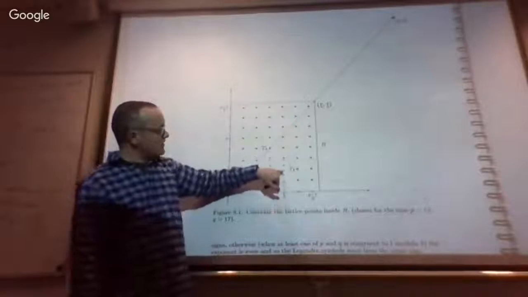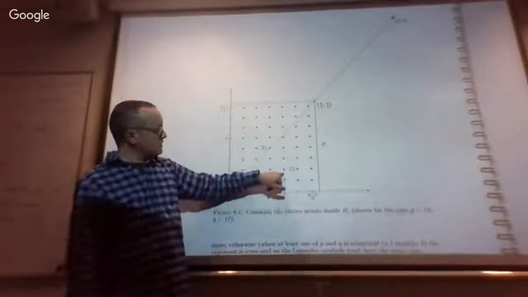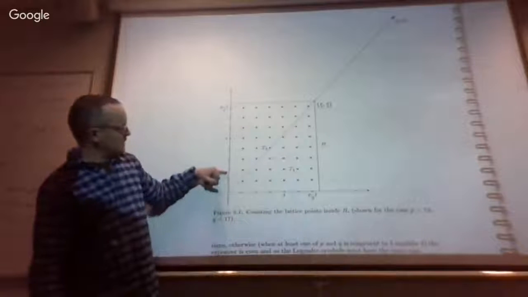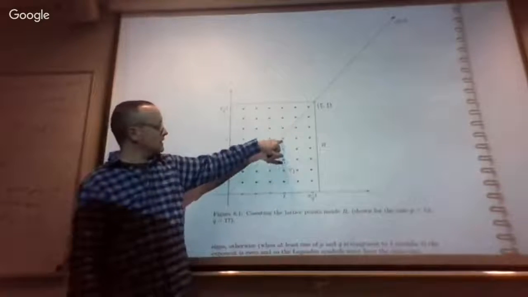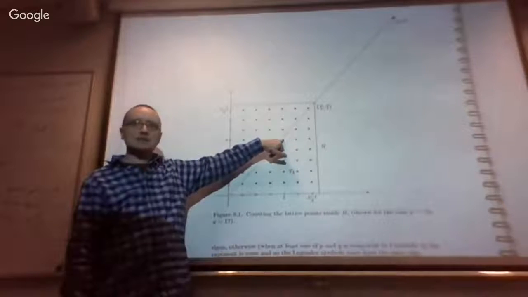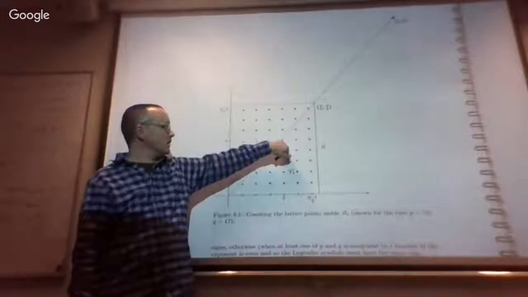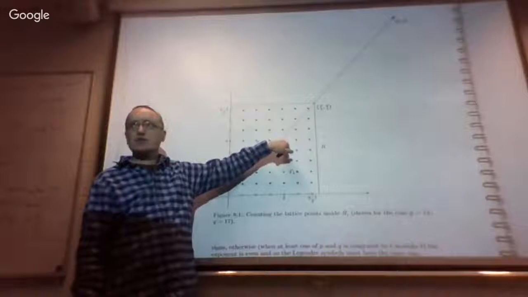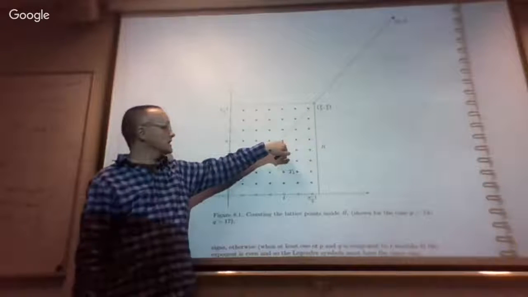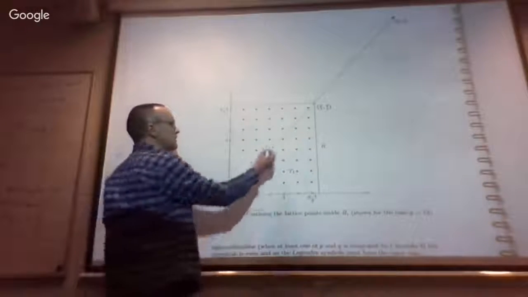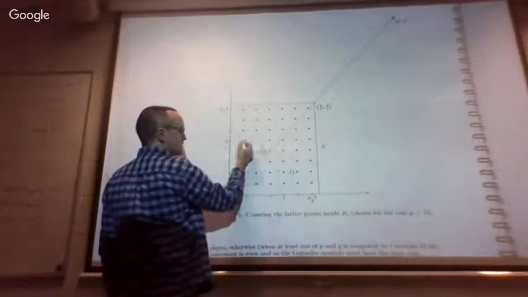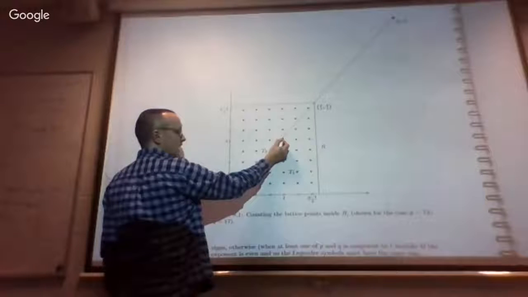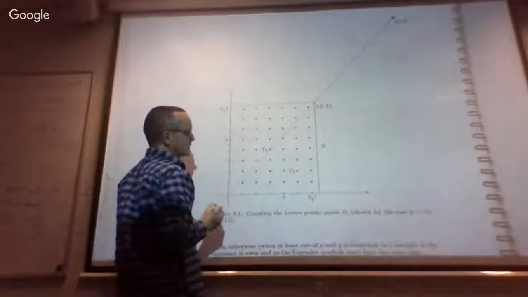So how many points are in this column? Well, there's 1, 2, 3. All the time you're counting up along the vertical axis, 1, 2, 3, all the way up until you get to this last one. By definition, the y coordinate of this last integer point in the column is the floor, the largest integer less than or equal to the actual y coordinate of the point on the line there.